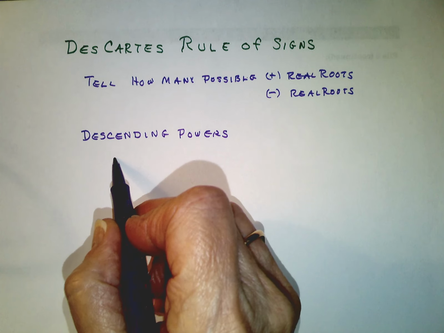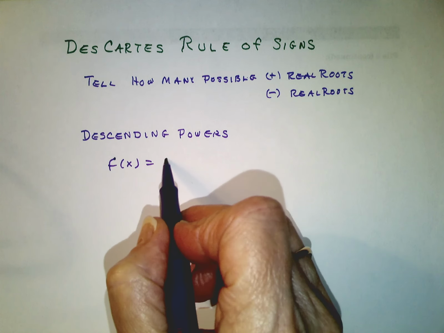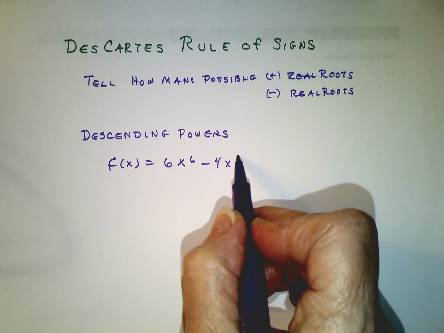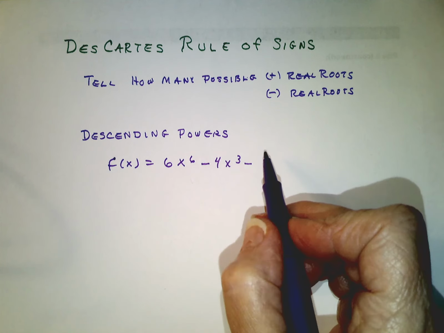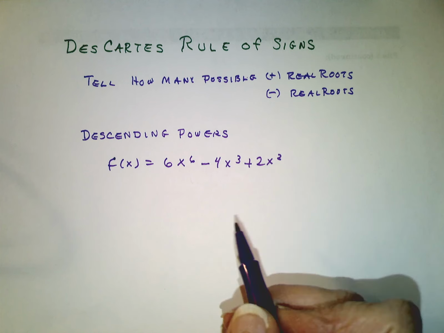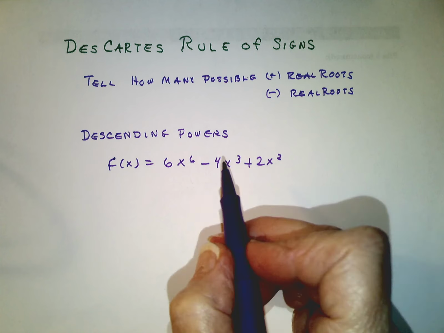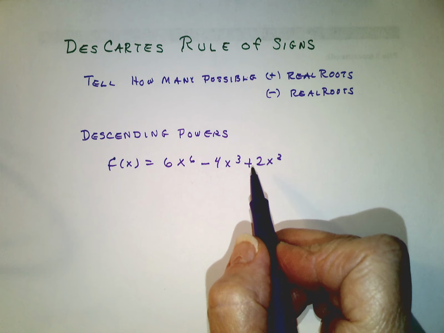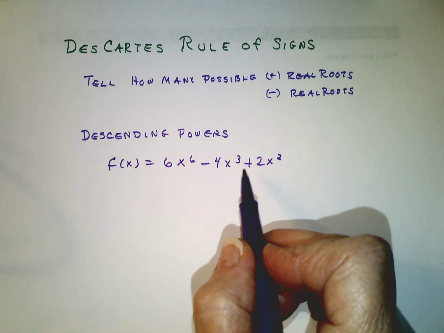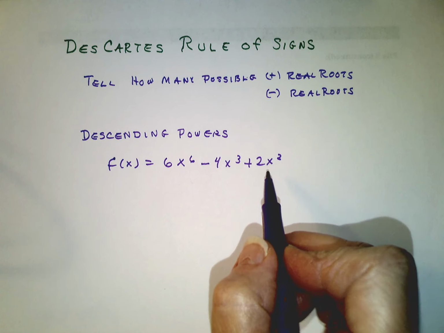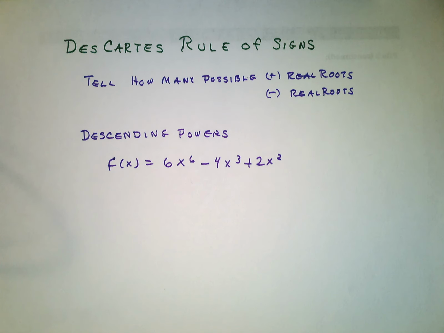So if we had something like f of x equals 6x to the 6th, the fact that we're missing some places doesn't matter, like it does in division. Synthetic and long division, you have to do the place values. But if there is a common factor, we will have to take that common factor out.